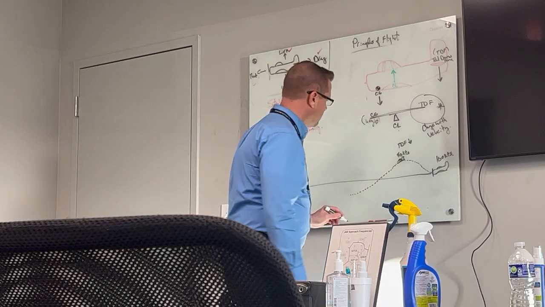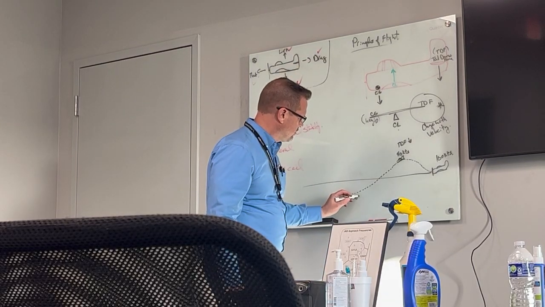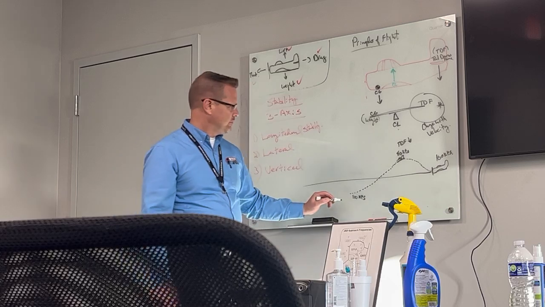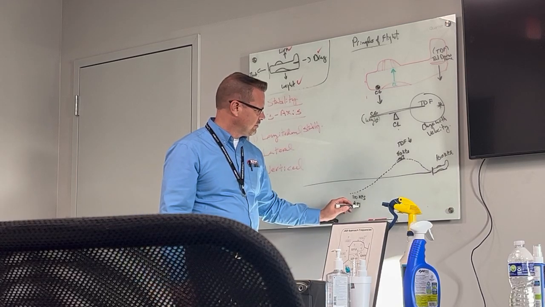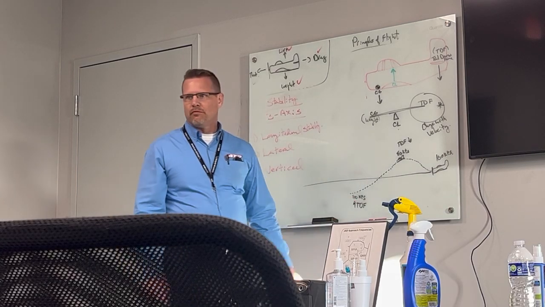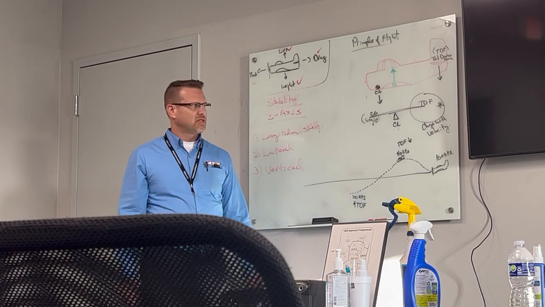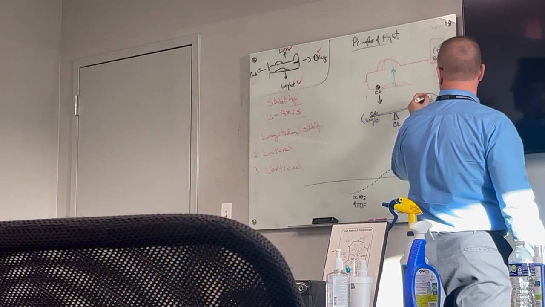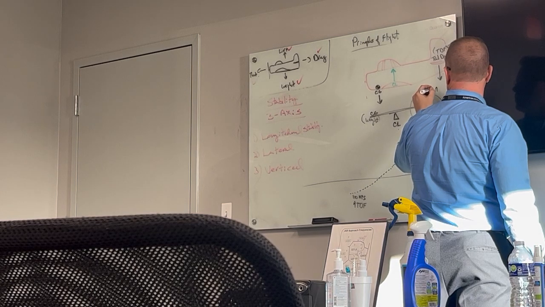And so here it's going to get to maybe 110 knots. At 110 knots, we have an increased tail down force beyond equilibrium, because now we're faster. It increases with velocity and decreases with velocity.